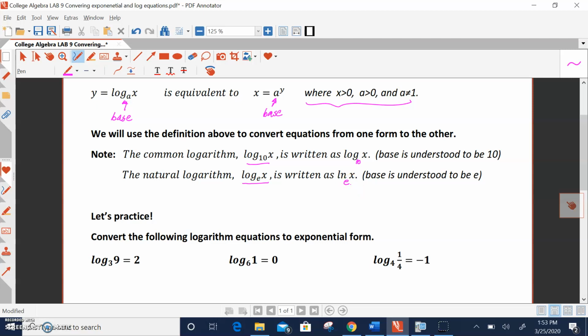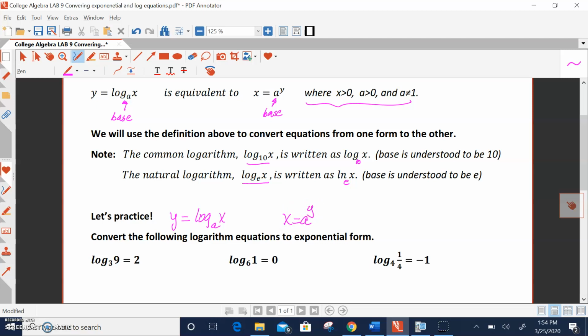So now what we're going to do is practice converting these forms. So I'm going to write this definition down here. y is equal to log base a of x, and that's equivalent to x equal a to the y.